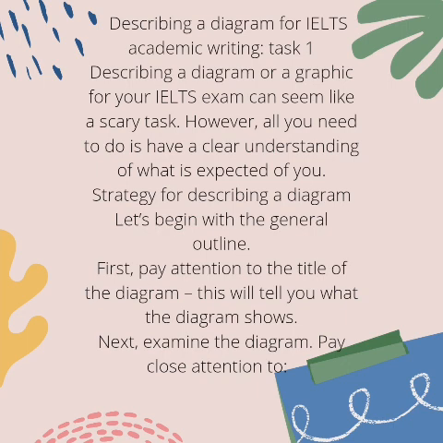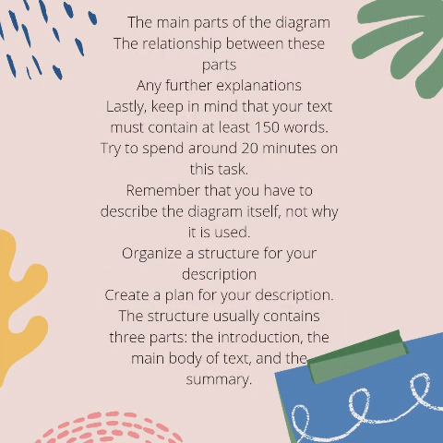Let's begin with the general outline. First, pay attention to the title of the diagram. This will tell you what the diagram shows. Next, examine the diagram. Pay close attention to first the main part of the diagram.